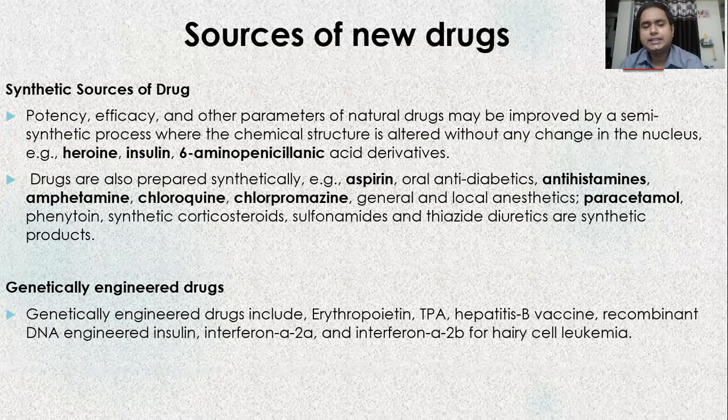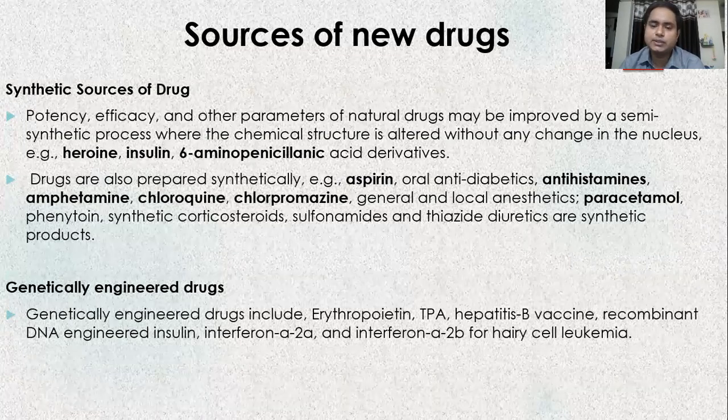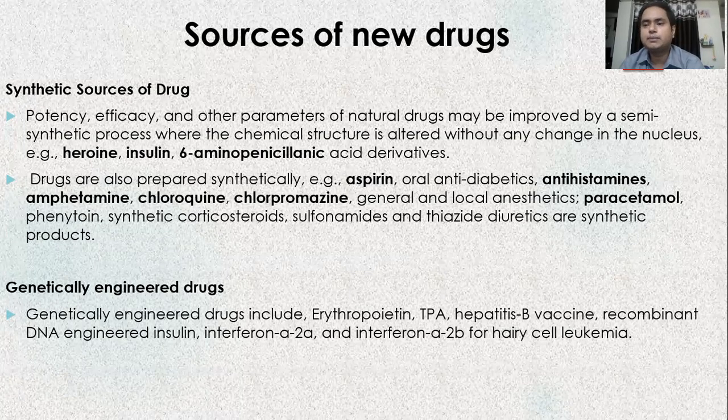Genetically engineered drugs include erythropoietin, tissue plasminogen activator, and I would like to emphasize that tissue plasminogen activator is the only FDA-approved drug available in the market for the treatment of ischemic stroke. Also the hepatitis B vaccine, recombinant DNA engineered insulin, and interferon alpha 2b for hairy cell leukemia.